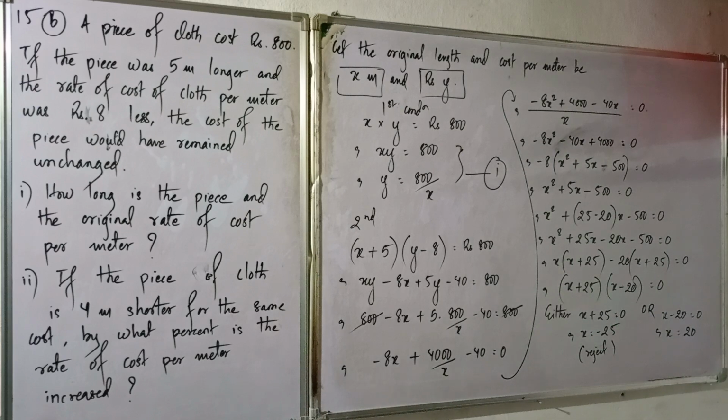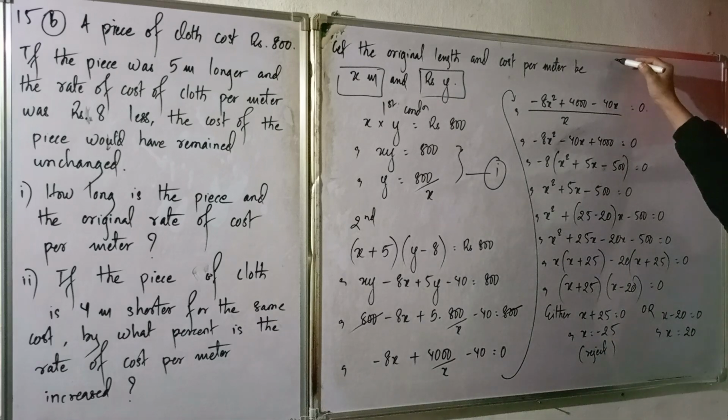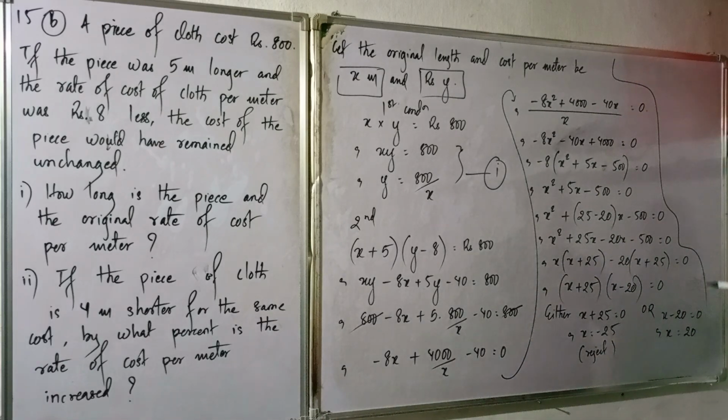So for x equals 20, we get the value y equals 800 by x, which is 800 divided by 20, 2 4s are 8, so 40.